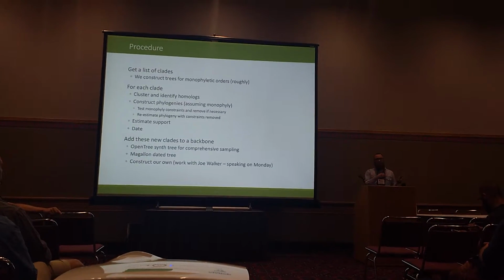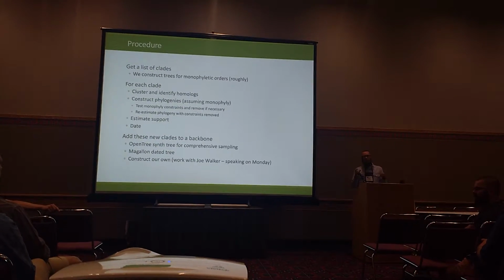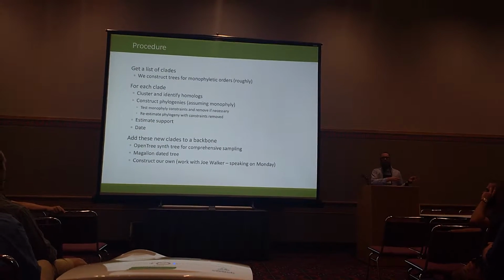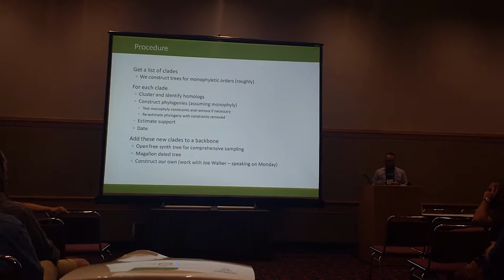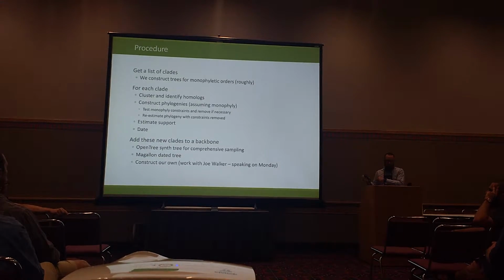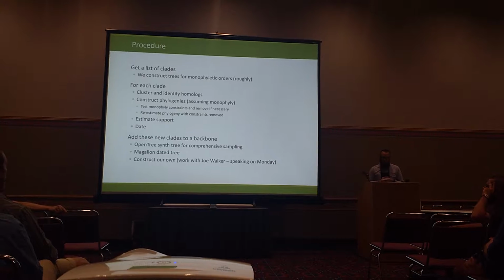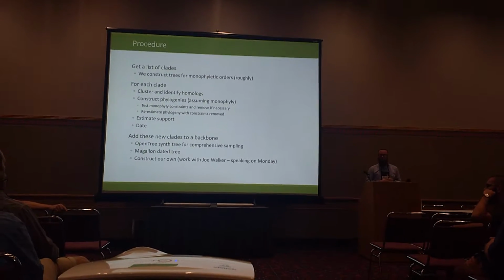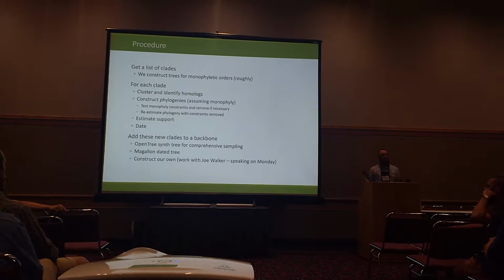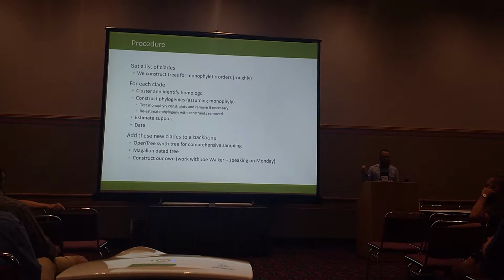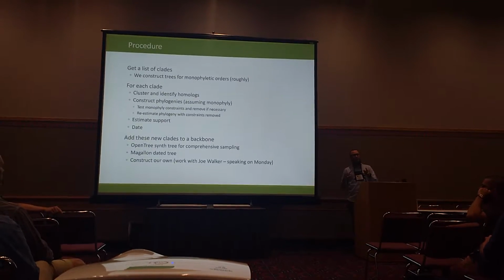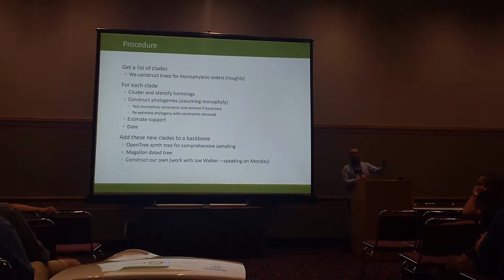Then for each of the clades, let's say roughly corresponding to linear orders, we can cluster and identify homologs from GenBank, construct phylogenies, and in some cases, assuming some monophyly that I'm going to go over, we can test these monophyletic constraints, but again, I'll go over that in a little bit. Try and estimate some support, the overlap of the data that we have, and then do some divergence time analysis. Then we can take these individual clades and add them back into some backbone.